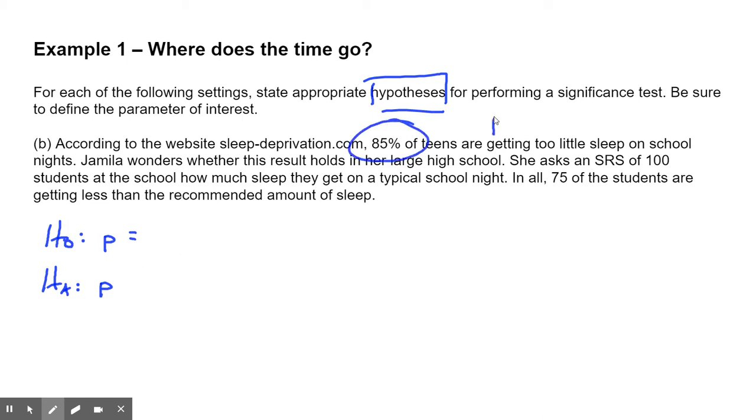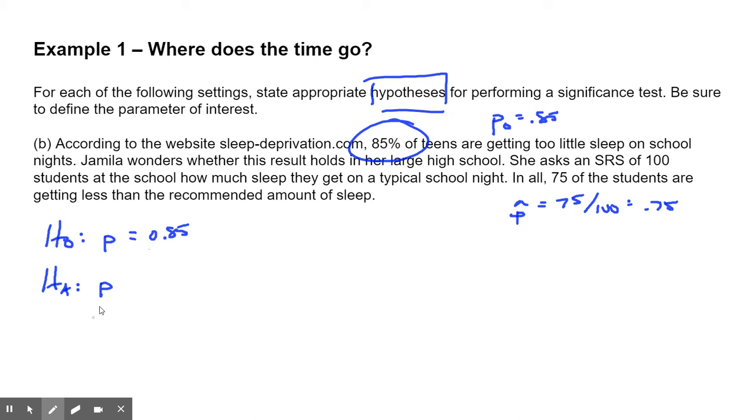This 85% is our null proportion value, 0.85. I'll do 0.85 to be official. Now, some people might want to take the 75 and divide it by the 100 to get 0.75. This is your sample value, your sample proportion. We don't use that. Remember, when we build our hypotheses, we always talk about the parameter, so be aware of that.